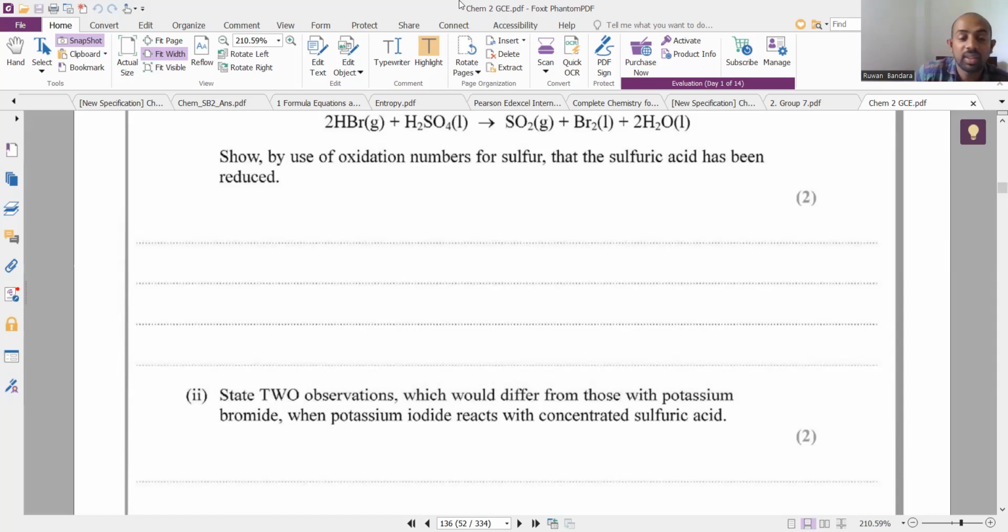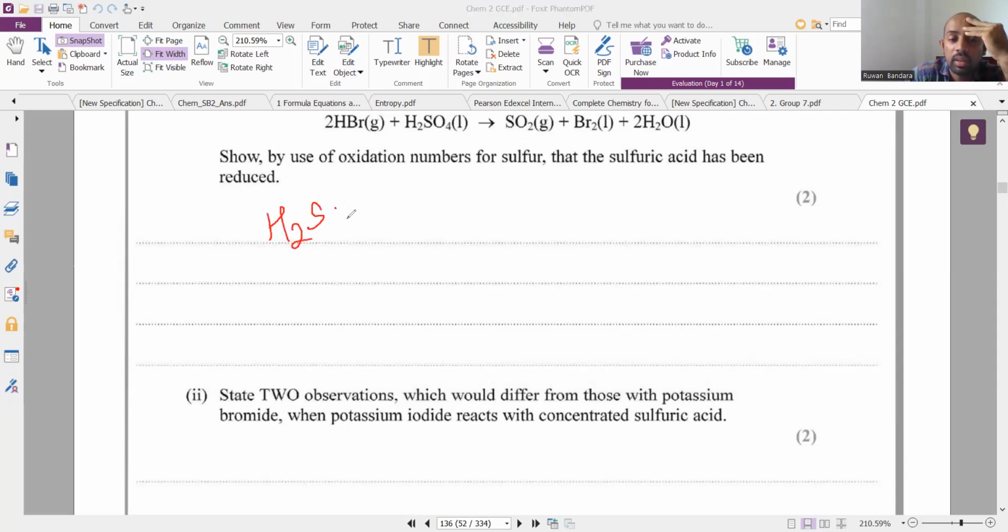Okay. So the answer is, sulfur in sulfuric acid is reduced from +6 to +4. Yes, +6 to +4. Right?